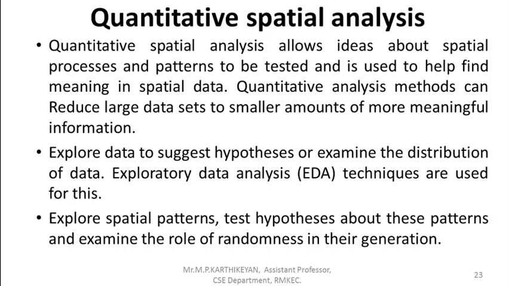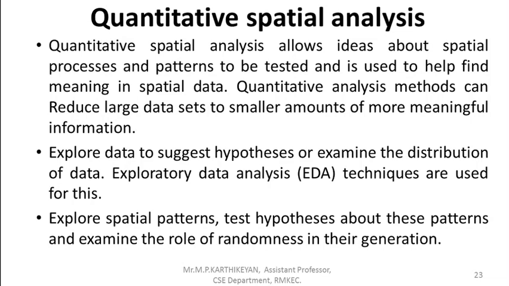Observations of spatial data are not independent. It's not like anybody can access any data, but it is assumed that features that are close together in geographical space are in some way related.